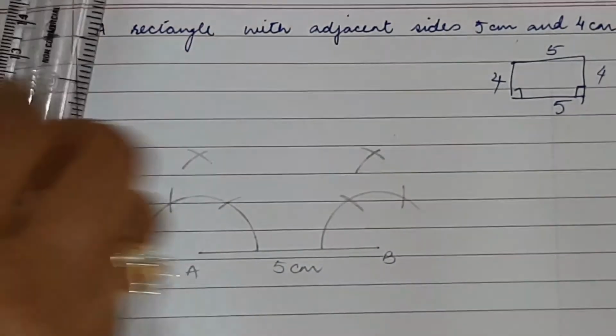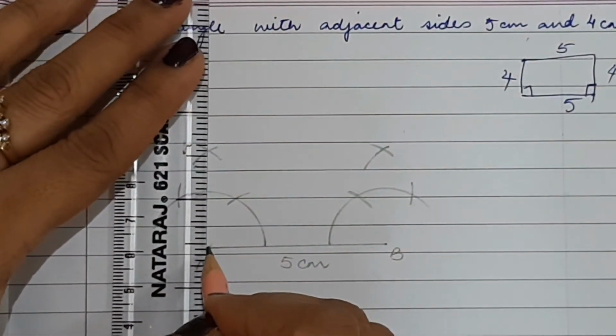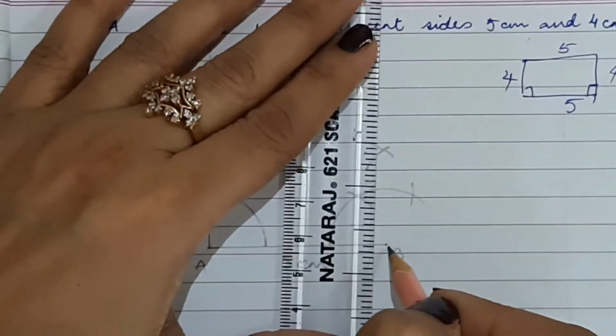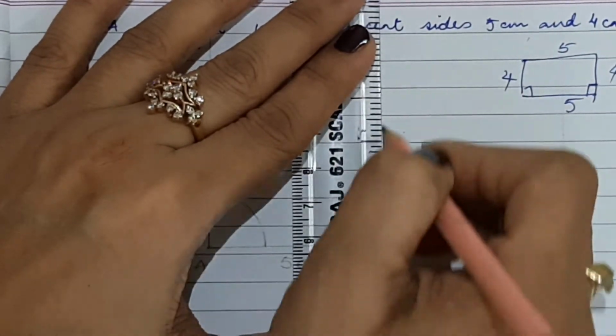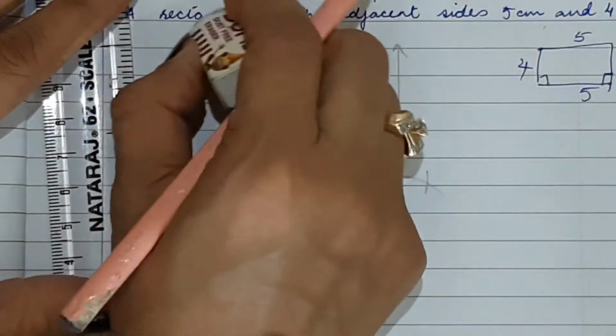Now I'll join the vertices with this point of intersection. I have my 90 degree angles now. Put arrows here. We'll erase the extra.